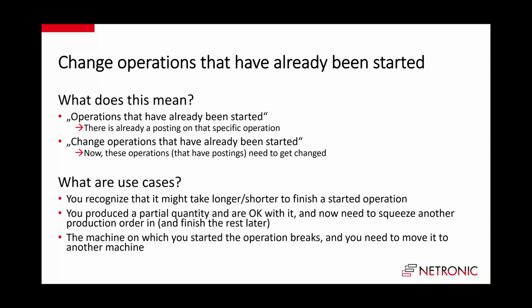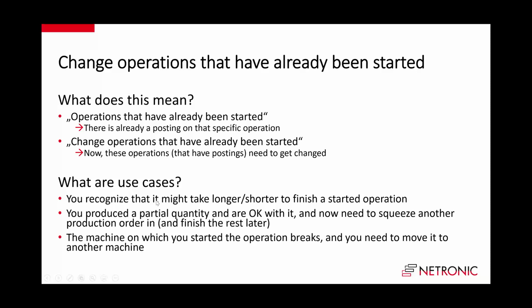I did already part. So you have a production order with 1,000 pieces and you did already 200, and now you want to cut this off and say, okay, the 800 I will do later because I can ship the 200 to my customers. They will be happy. I can squeeze in another thing and then do the 800 later. So this is a typical use case that is now possible.